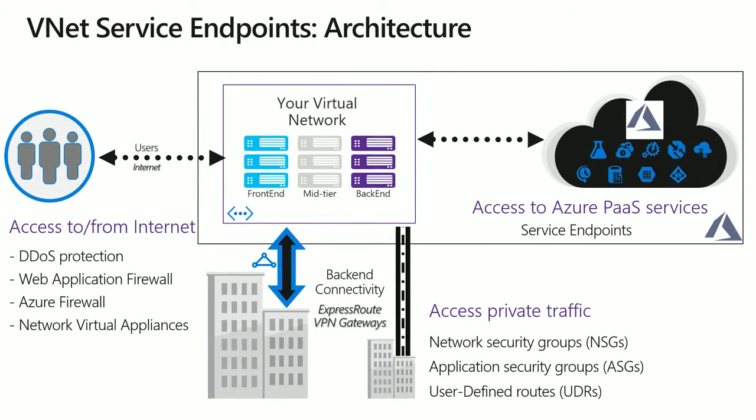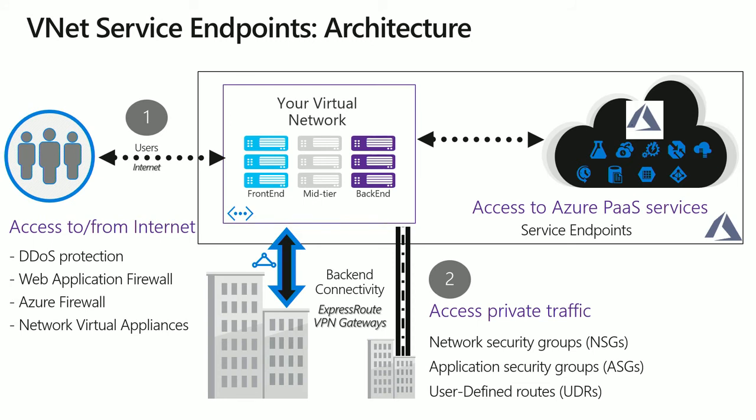So let's take a look and click a little bit into how the whole VNet service endpoints kind of ties together. So from an end user standpoint here on the far left, you have access to and from the internet. This is coming into your VNet again. You have DDoS protection, firewall protection, that sort of thing, where you can secure in your front end to your VPN, or sorry, your VNet. Number two here in the middle on the bottom, this is where you're restricting all access coming in from your on-prem.